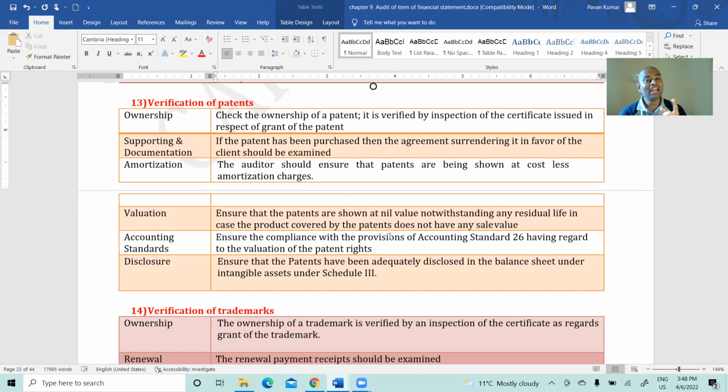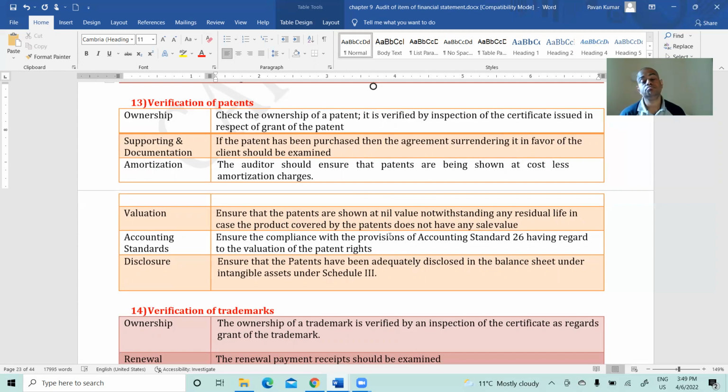You understand? Patent is for a technology or a process. Recipe, patent. Chemical A, chemical B, chemical C in these proportions, if you mix them and follow this process, then it will give this medicine which cures cancer.